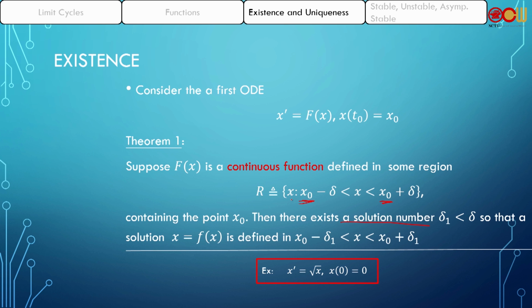But if your initial condition is maybe 1, not at 0, you get a solution because it's continuous. It's not continuous only at 0, and continuous everywhere else. So this is for existence.